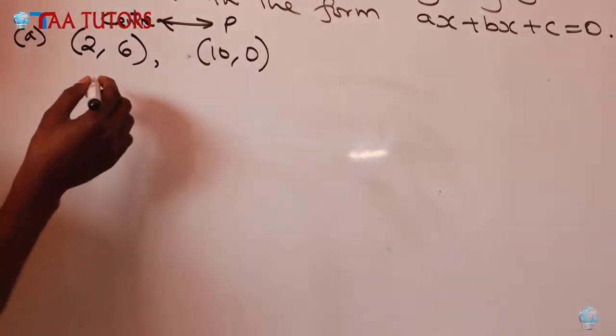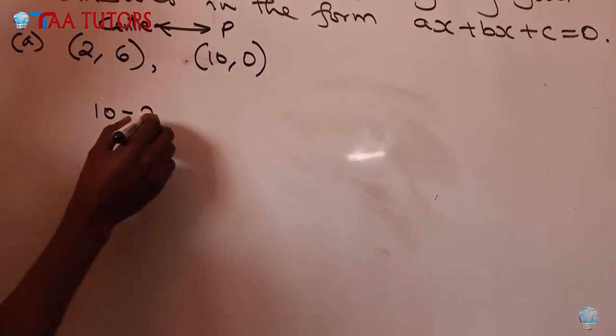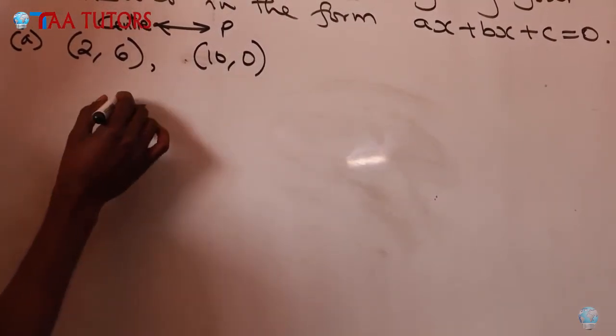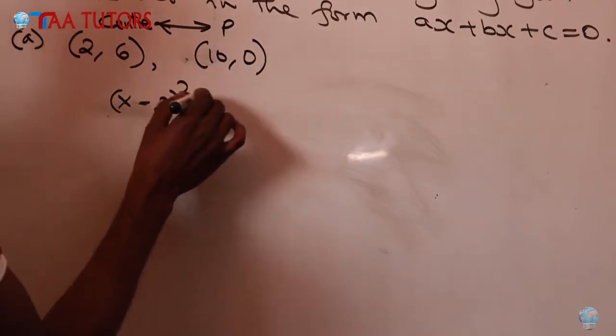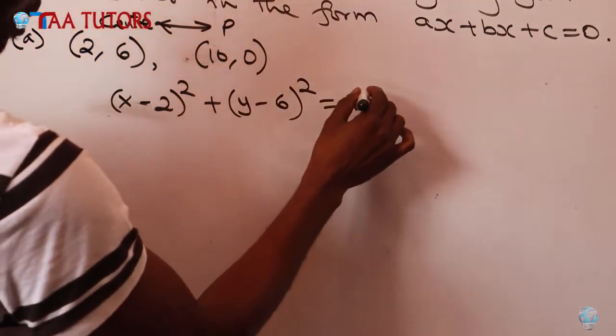I'll get 10 minus 2, because I know the equation is (x − 2)² + (y − 6)² = 100.